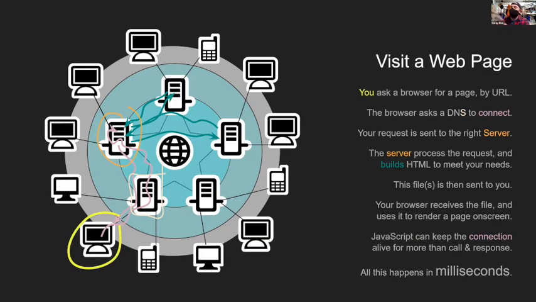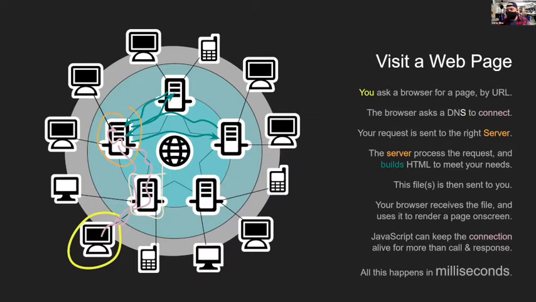Then that server processes the request. It maybe even builds the page in real time. Like if you're going shopping online, usually if you're trying to buy a product, those pages get built in the instant that you try to go to the page, from a database of information. And so it builds that information. Then the files are sent to you. Your browser will read what's in the files and build a website to go along with it.